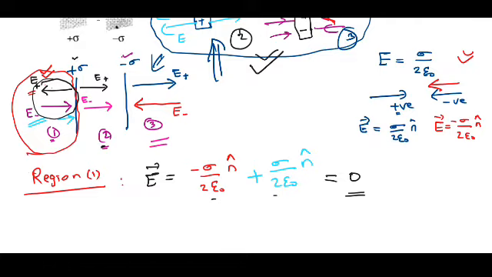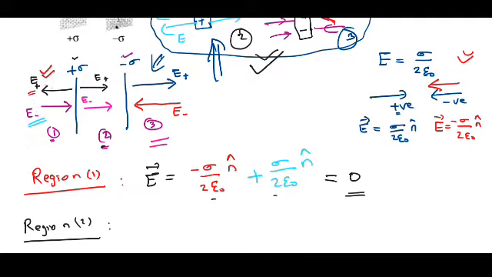Now let us calculate in region 2. Now you have to focus on this region, that is our region 2, where both the electric field lines are oriented in the same direction.